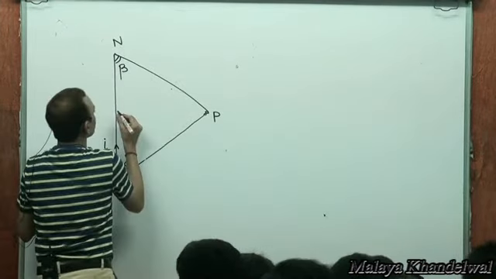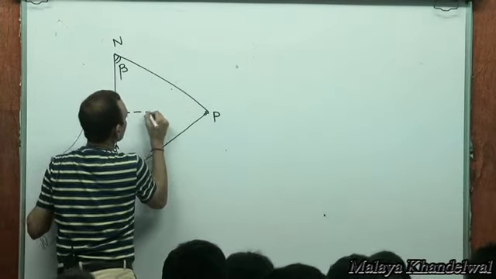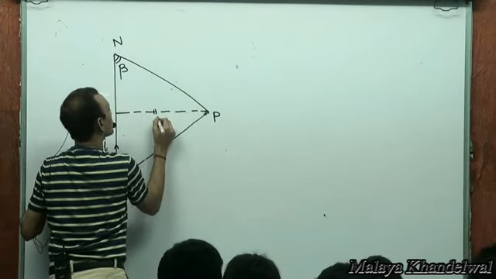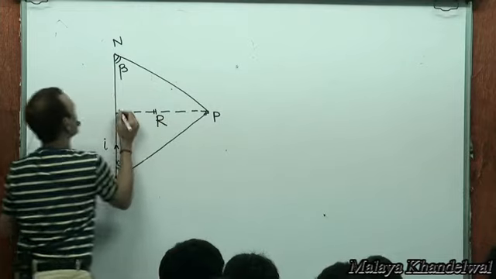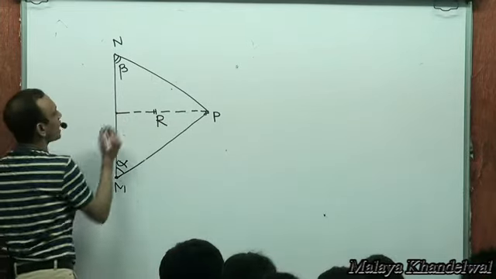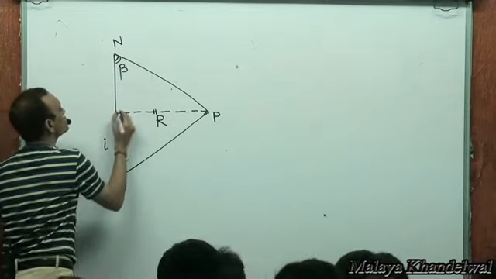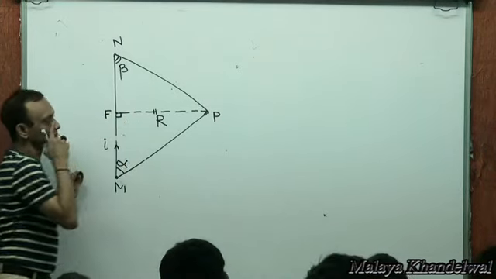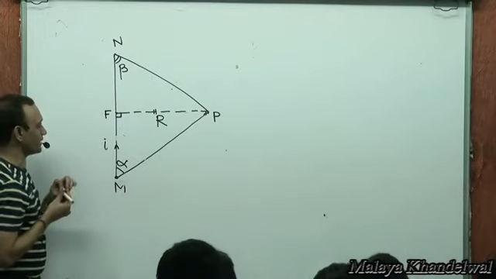And say P was at a perpendicular distance R from this wire. Let's say F was the foot of the perpendicular from P onto the wire.